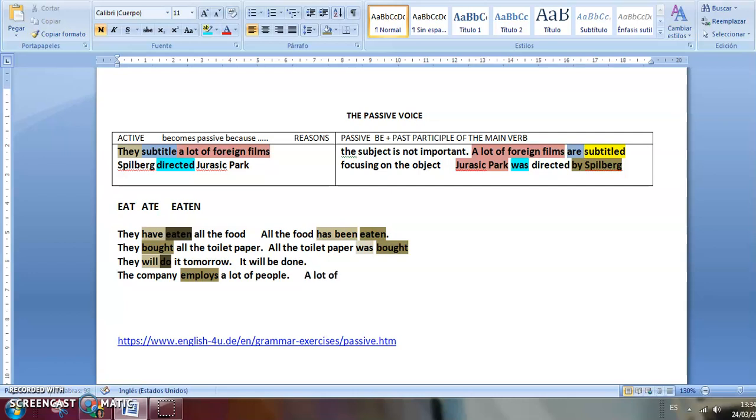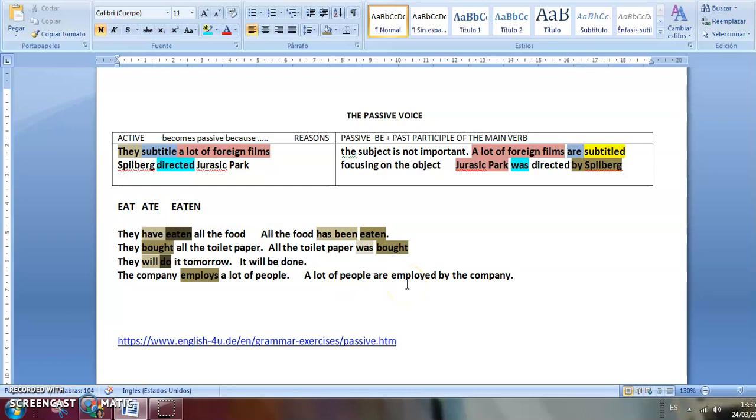A lot of people. And now present simple of the verb to be, to concord with the subject. Are, and now past participle of the verb employ. And yes, the company is relevant, so by the company. Okay? Easy? Easy or not? Yeah, say yes. Okay, right.